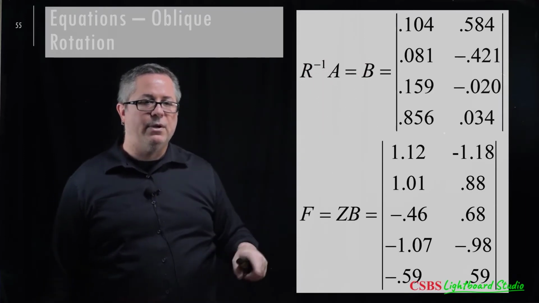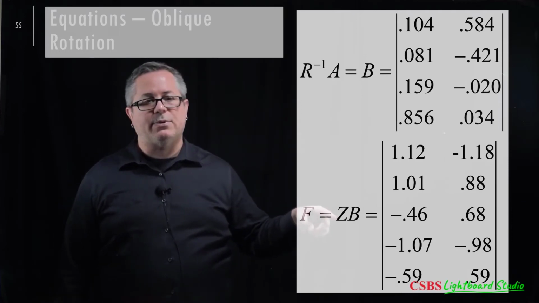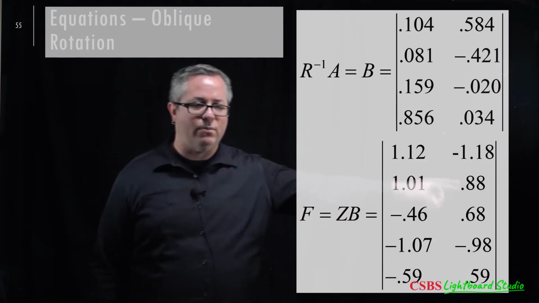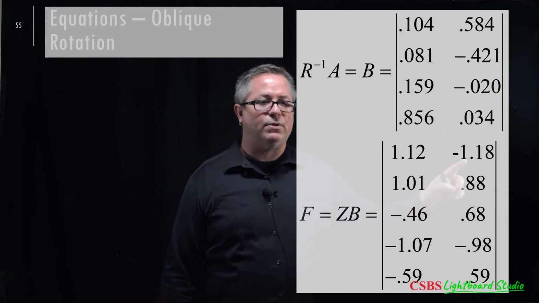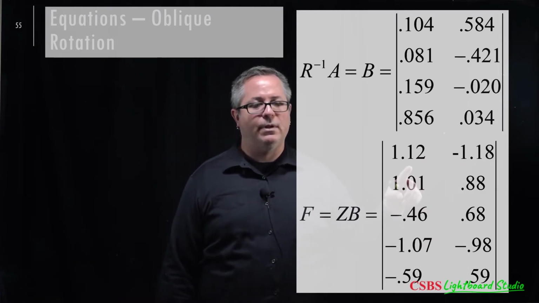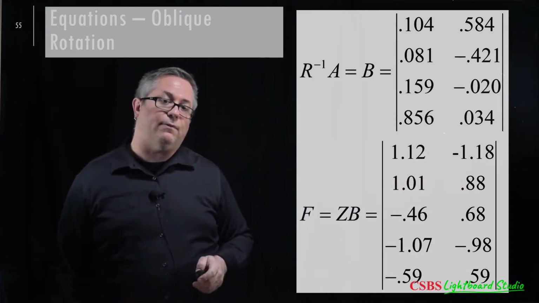We can compute our factor scores by taking our standardized variables times those weights, which we'd have here. So this is the score for each person. This person would score 1.12 standardized on the first factor and negative 1.18 on the second factor. These are their factor scores.